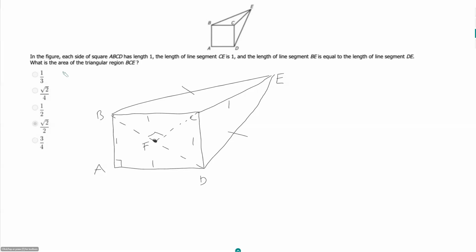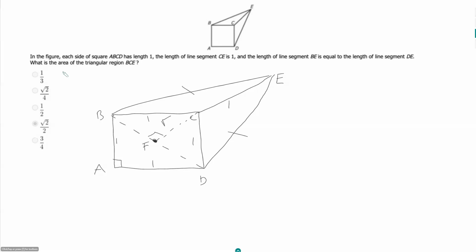Well, this is a right triangle here, and it should be a 45, 45, 90 right triangle, because this side has length 1, this side has length 1 as well, and so that should be in the ratio of 1 to 1 to rad 2.